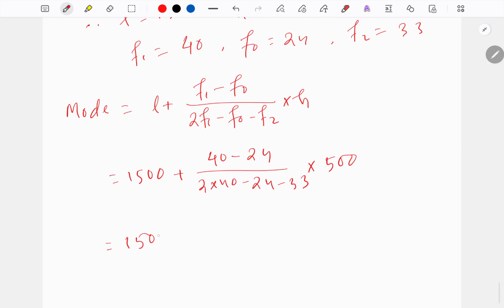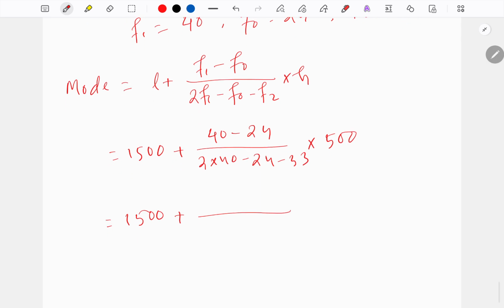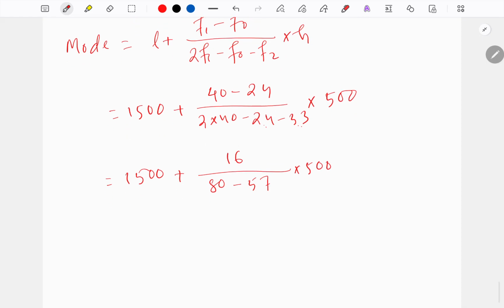So 1500 plus 40 minus 24 is 16. 2 into 40 means 80 minus 24 minus 33 means minus 57, into 500.